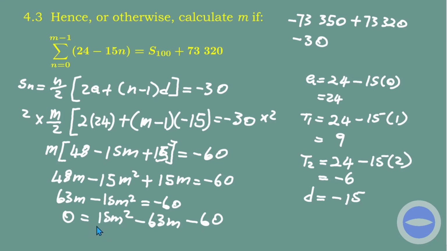So if I divide everything by 3, 15 divided by 3 is 5m squared, 63 divided by 3 is 21m, 60 divided by 3 is 20. And then let me put the equal sign on the other side.